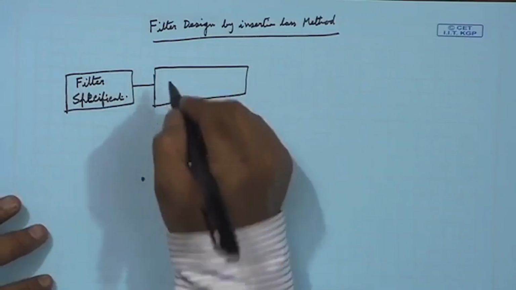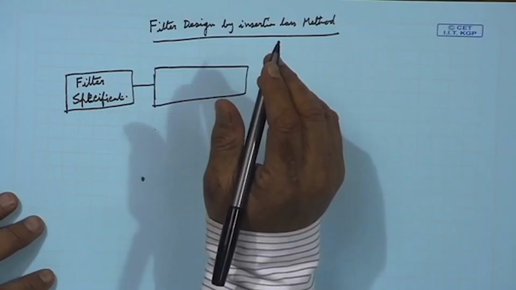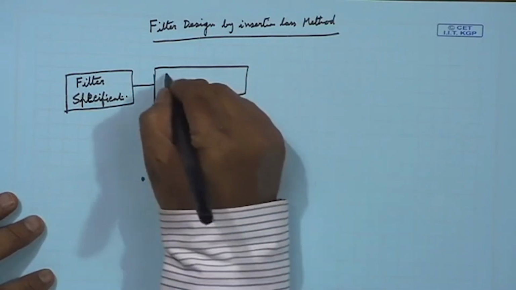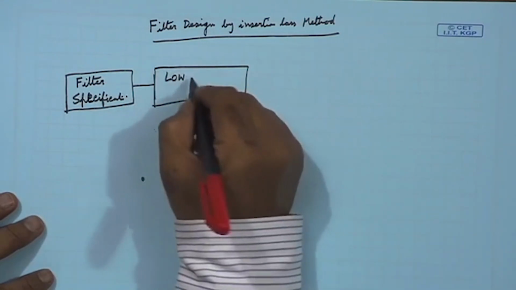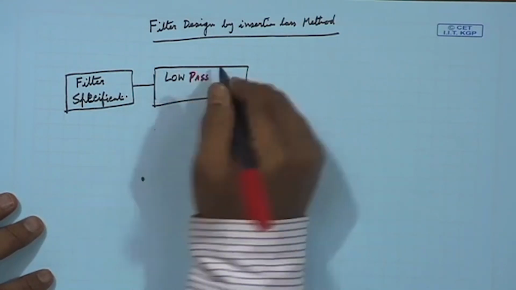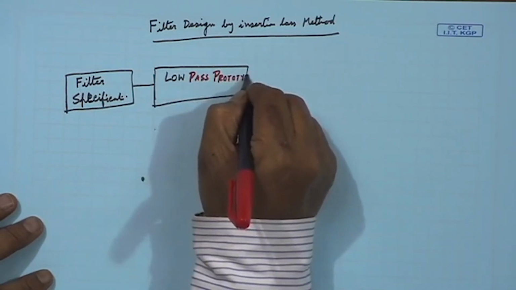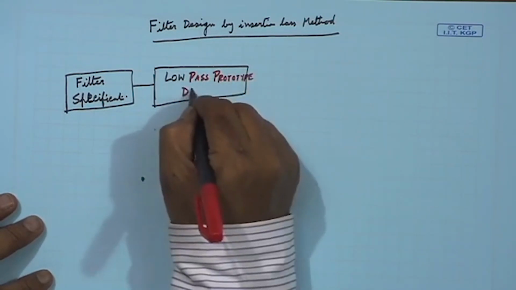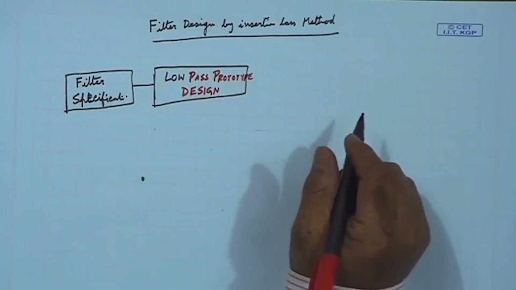we always first do a low pass prototype design. So, the first step is the important one, low pass prototype. This is unlike the image parameter method.